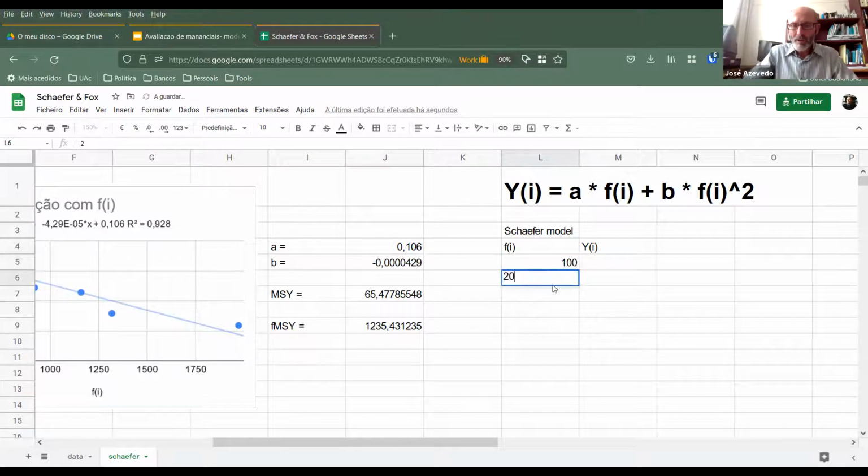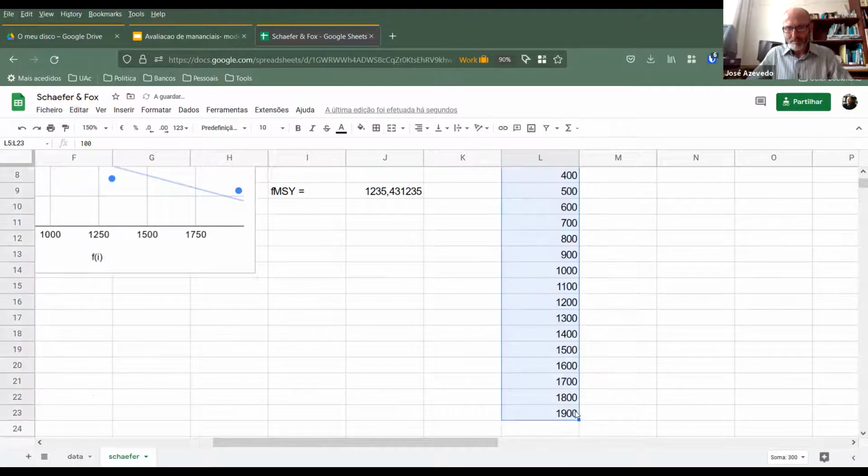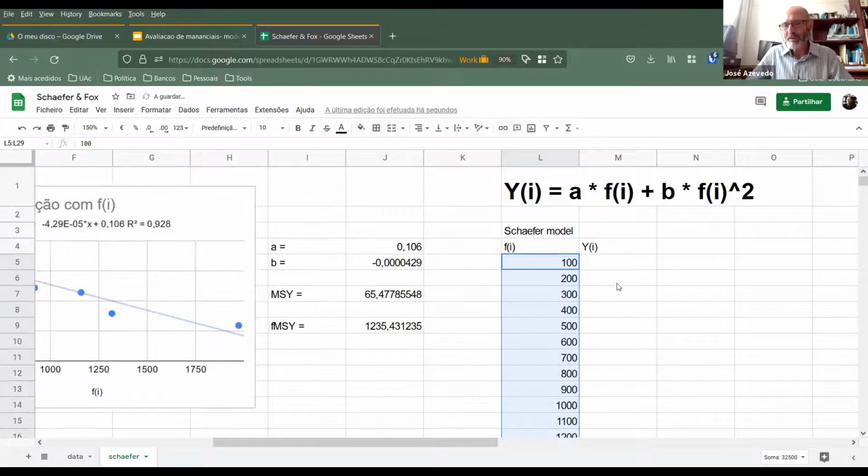I will start with 100 and go until 2,500. That's a bit more. Of course, I already know these are the numbers I would expect. You would probably have to experiment with this.